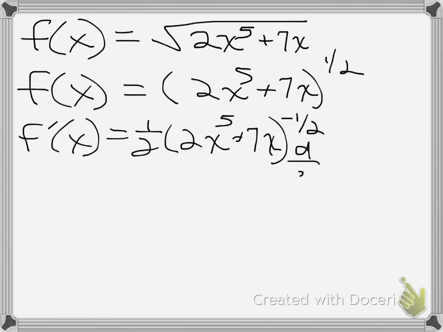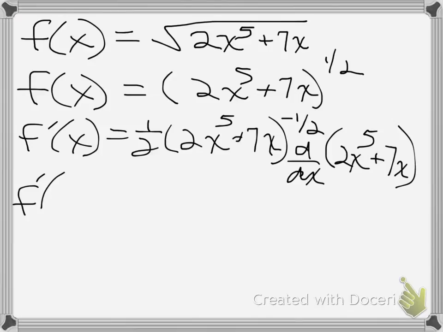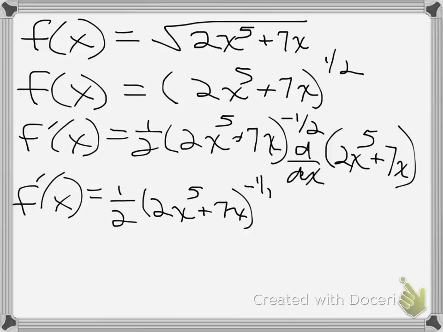Then tell yourself to take the derivative of what's in the parentheses, because what's in the parentheses is not just a plain old x, it's a function. So doing that and taking it one more step, I have 1/2 times 2x to the 5th plus 7x to the negative 1/2.